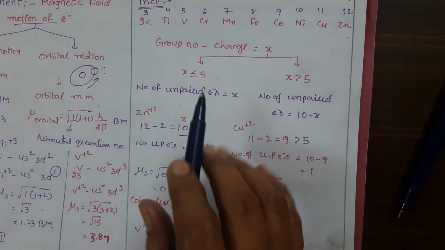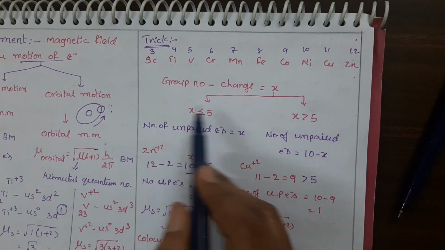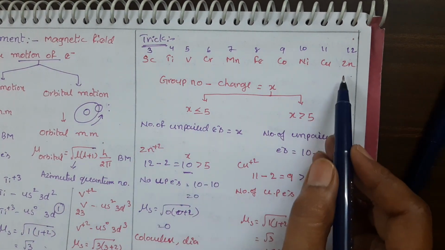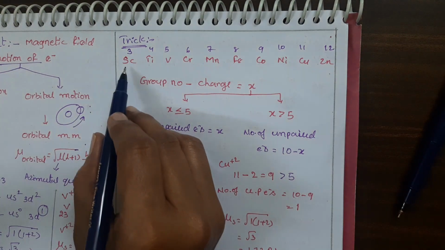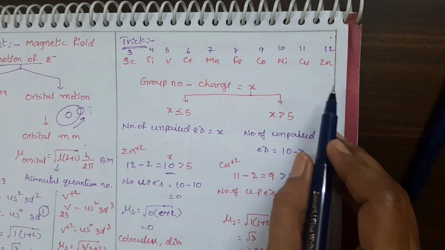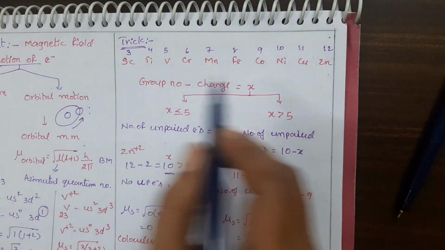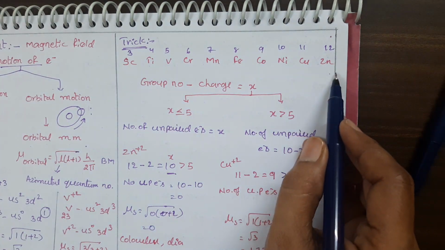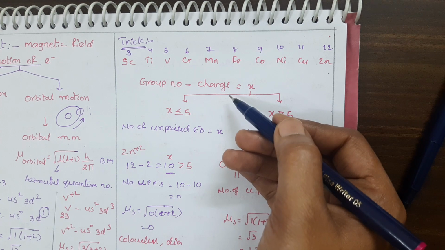If you remember the group number, it is not tough to remember. 10 elements are present in the D block in each series, group 3 to group 12. So write the elements sequentially, note down the group number, and subtract the charge from the group number.